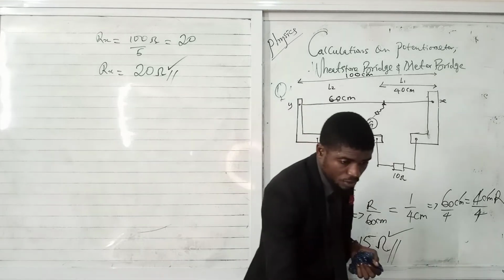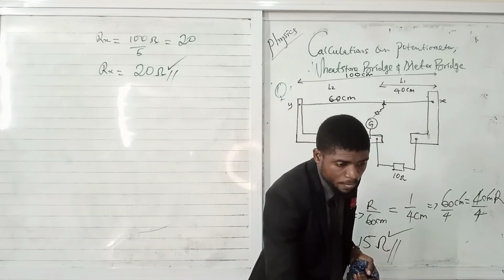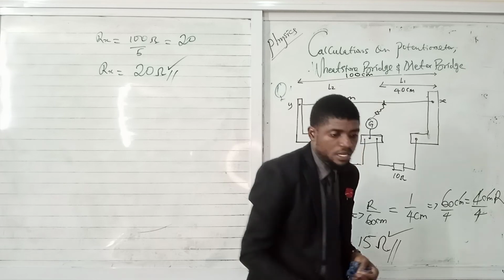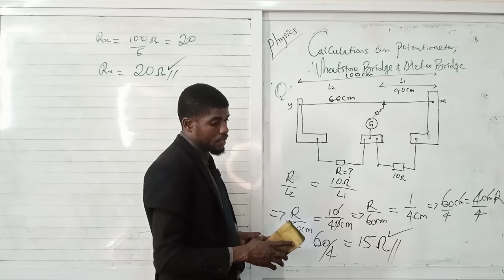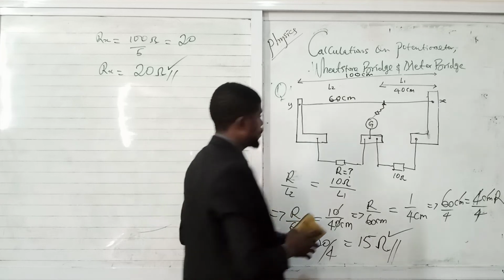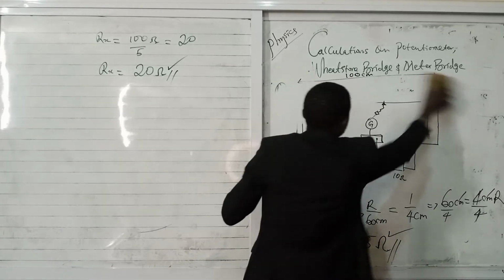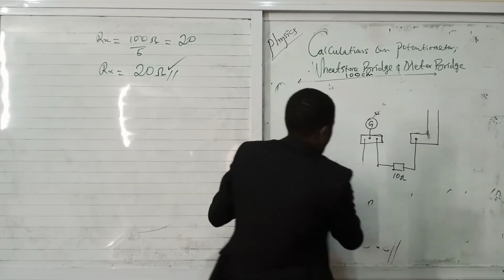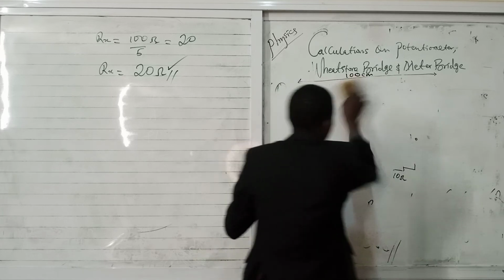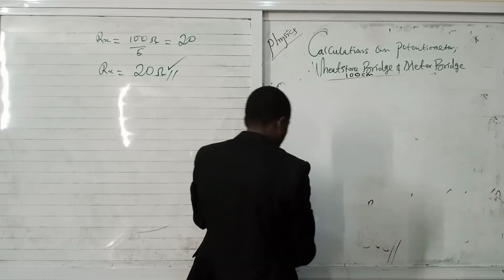Okay, let me just solve one more question on the meter bridge, then we'll be done for today. I'll clean this and then solve this question quickly. This is another question on the meter bridge, not Wheatstone Bridge.